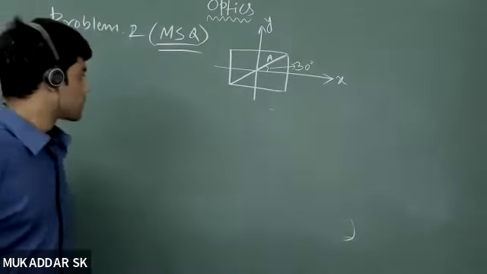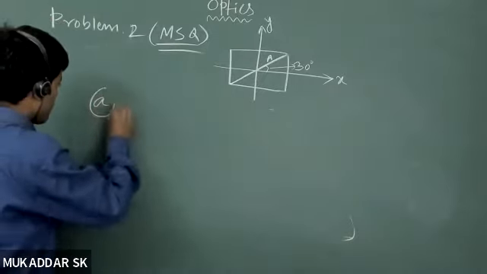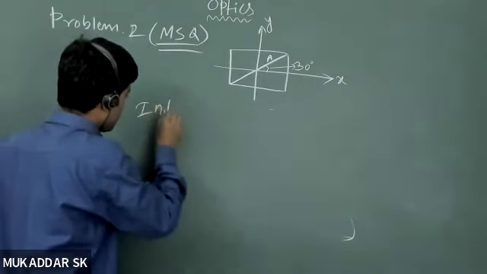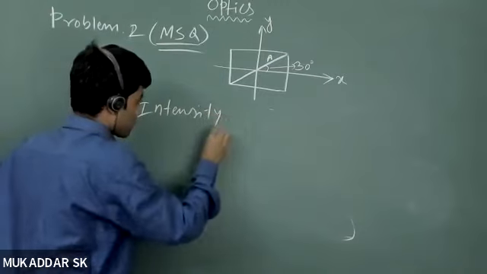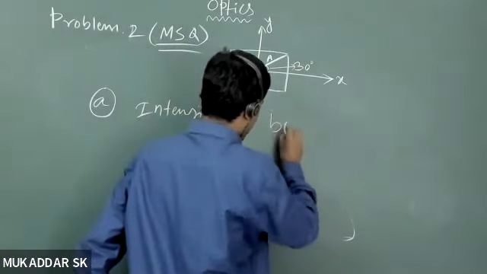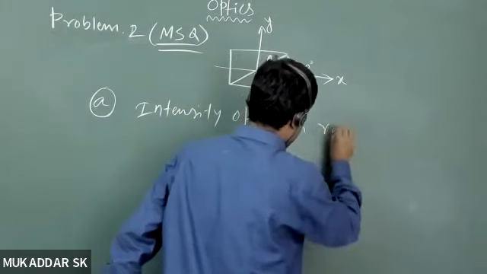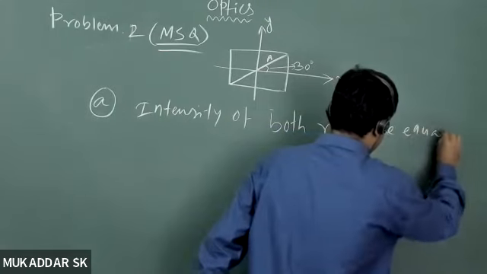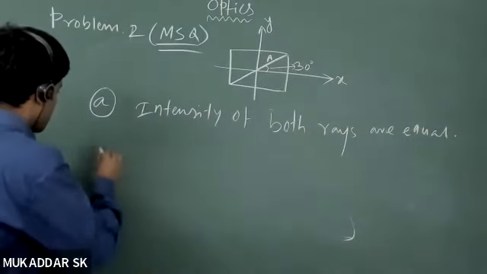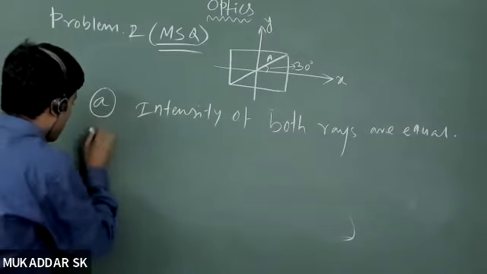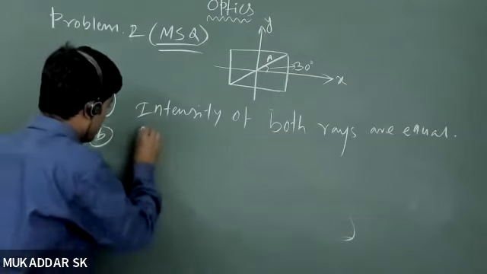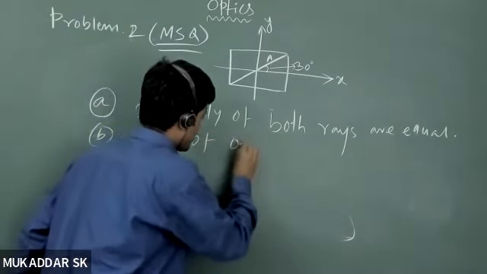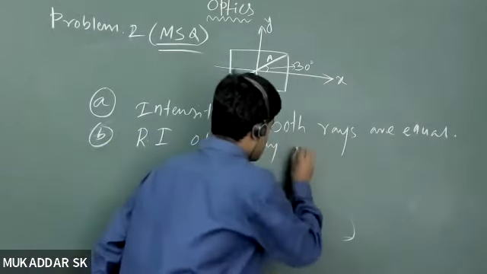First, option A: intensity of both rays are equal. Option B: refractive index of O ray is constant.